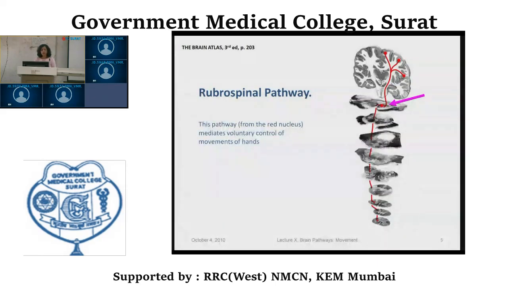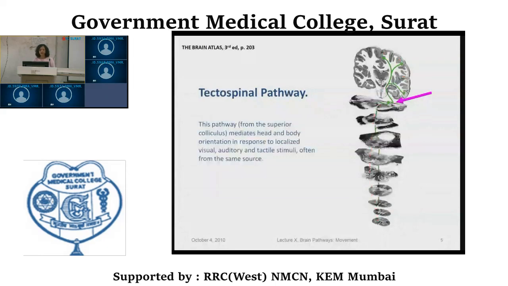Then the other extrapyramidal tracts are the tectospinal pathway, the vestibulospinal pathway, and the reticulospinal pathway. The tectospinal pathway arises from the superior colliculus. It is the shortest motor pathway.